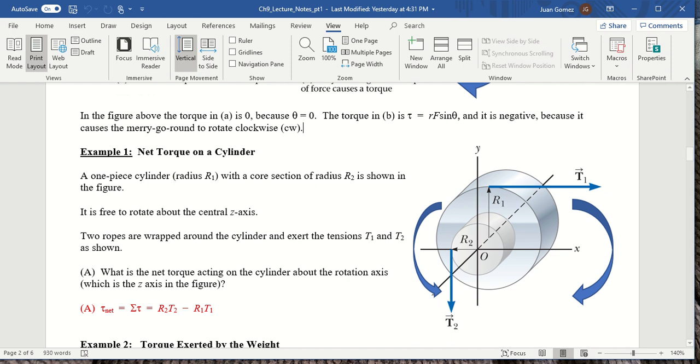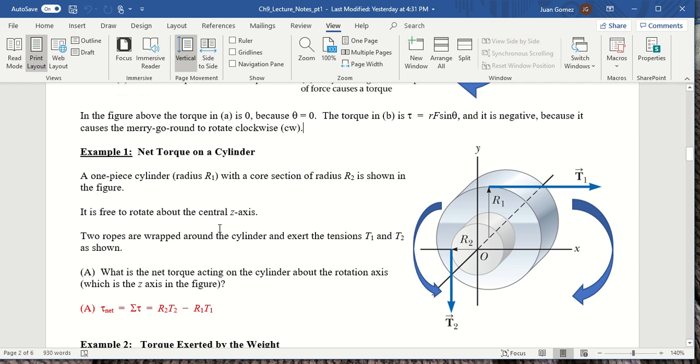And in this case, we have a one-piece cylinder, but it has a core section of radius R2 and an outer radius of R1. And it's pivoted to rotate about a central z-axis, indicated by this line passing right through the geometric center of that cylinder.